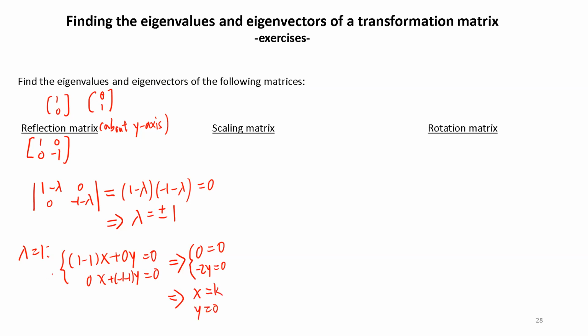So for lambda equals 1, your eigenvector is k times 1, 0, which of course just means 1, 0. Similarly, for lambda equals minus 1, no need to repeat the whole procedure, the eigenvector would be k times 0, 1.